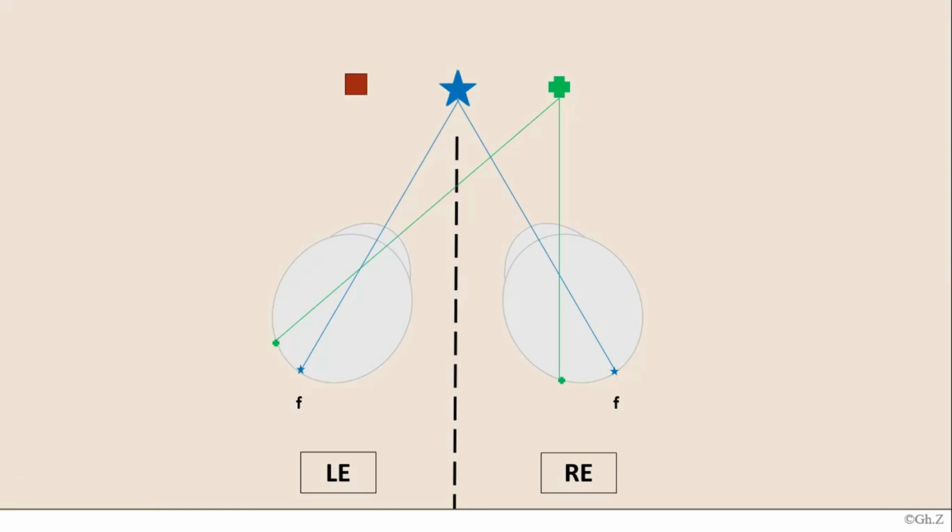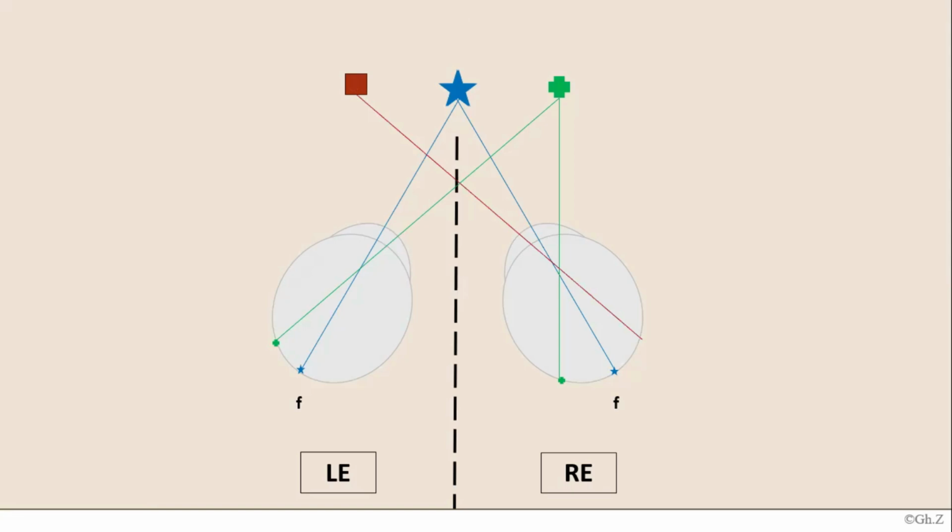If we have an object here, now write in the chat. I want you to practice using the same language. If we have this red square, it is in the blank field of the right eye. This object is located in the blank field of the right eye. Yes, nasal.